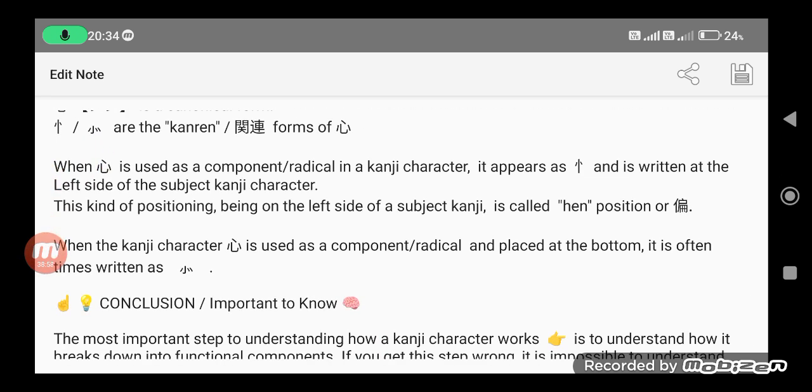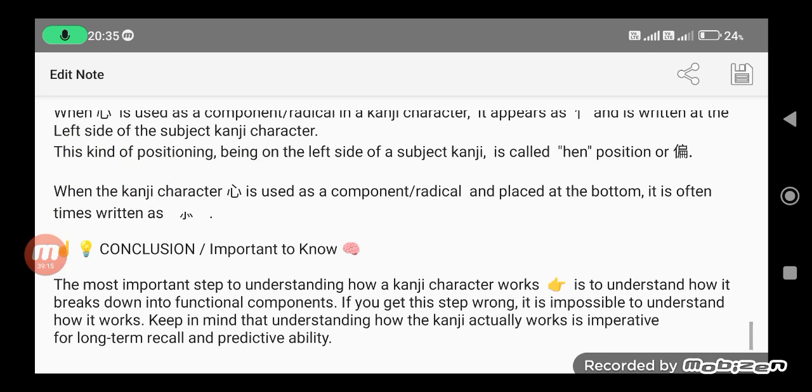When kokoro or shin is used as a component or radical in a kanji, it appears as this and is oftentimes written at the left side of the subject kanji, or hen position. This kind of positioning, being on the left side of a kanji, is called the hen position, as I have shown a while ago. When shin or kokoro is used as a component radical placed at the bottom, it is oftentimes written as this.